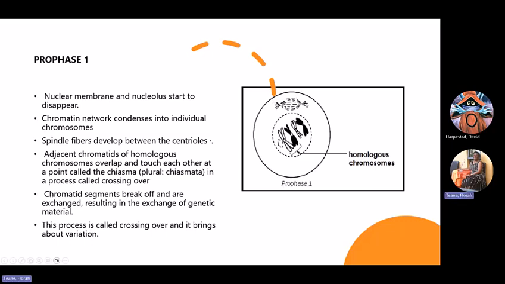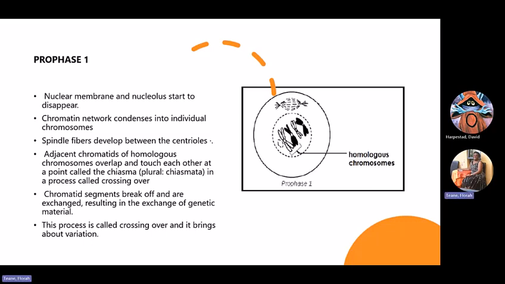The spindle fiber is being formed. There's one important thing that I would want us to remember here. If you look at this diagram, let me first explain that each and every chromosome, this is a chromosome, is made up of two chromatids.